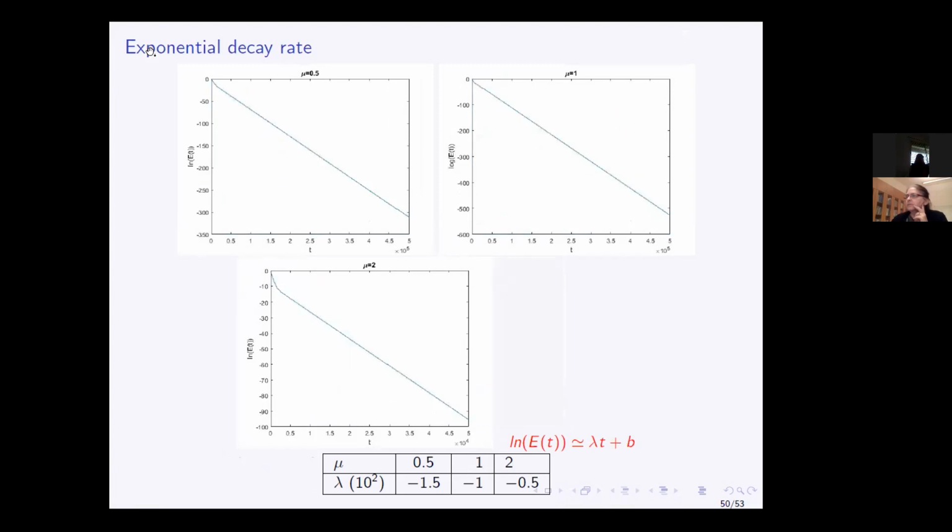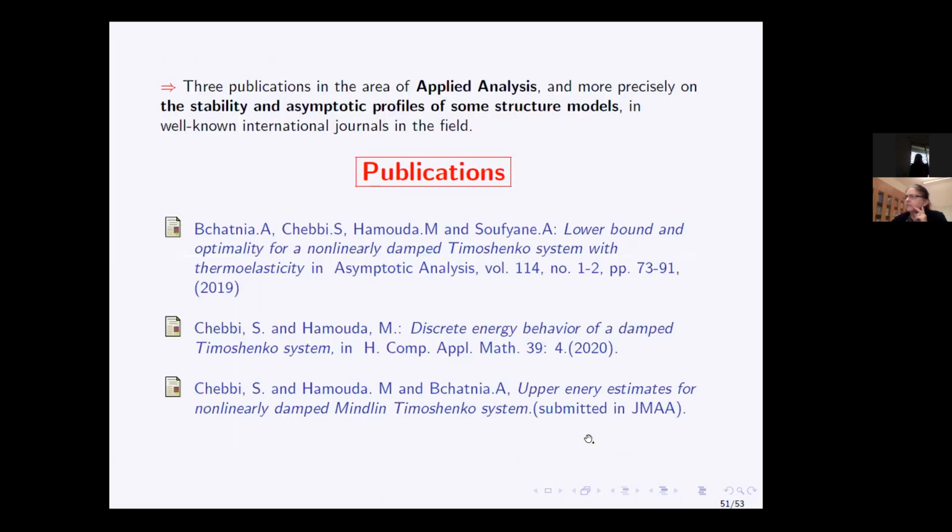To prove the exponential stability, we need the figure of the logarithm of the energy as a function of time, and that shows a line. So that proves that the energy is exponentially stable.